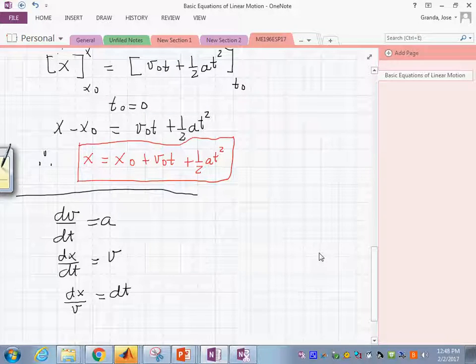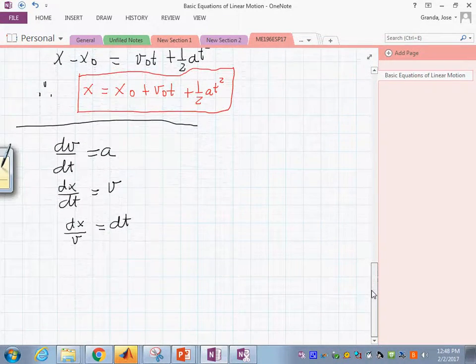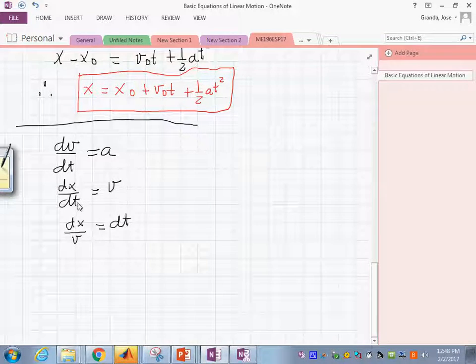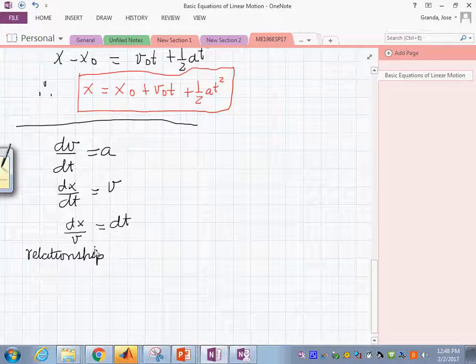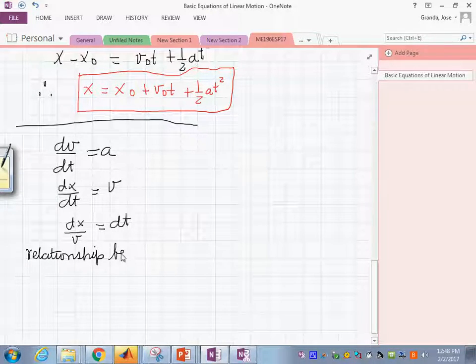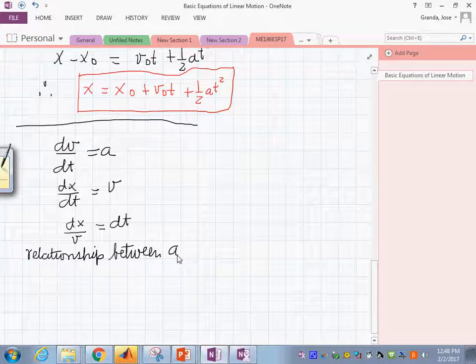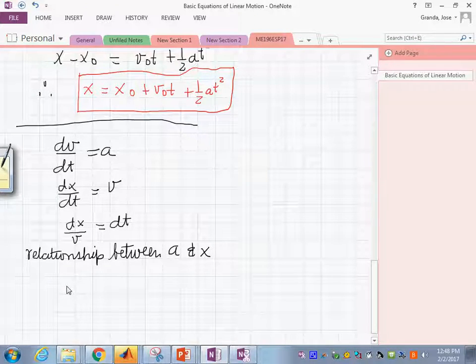So if we want to express a relationship between the acceleration and the position, then it follows that I could replace that into this equation.